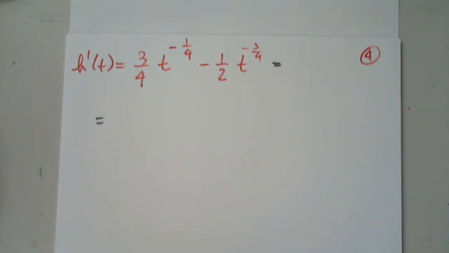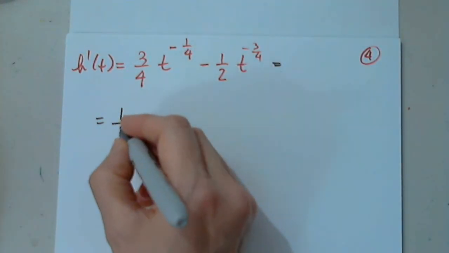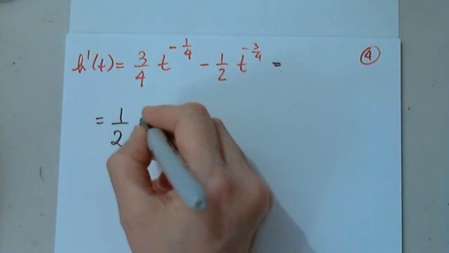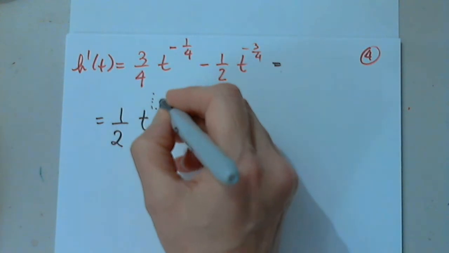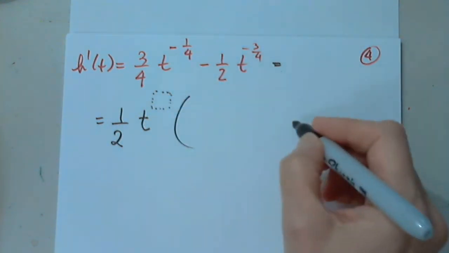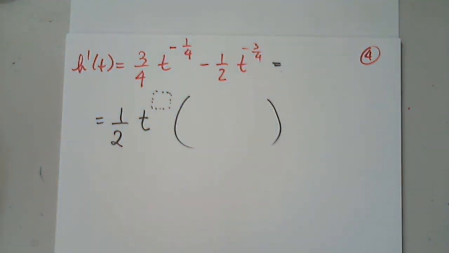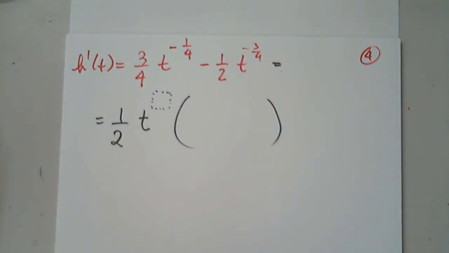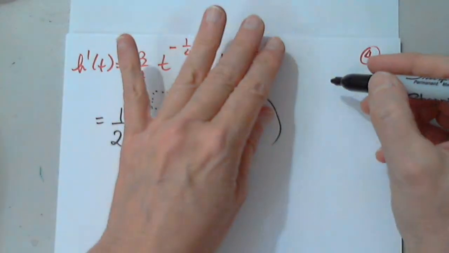That's even better. Okay, I know that I can factor out 1/2. Both quantities have t, so t is in common. But the question is, what is the power? What power will I have to write in here? -1/4. Careful.